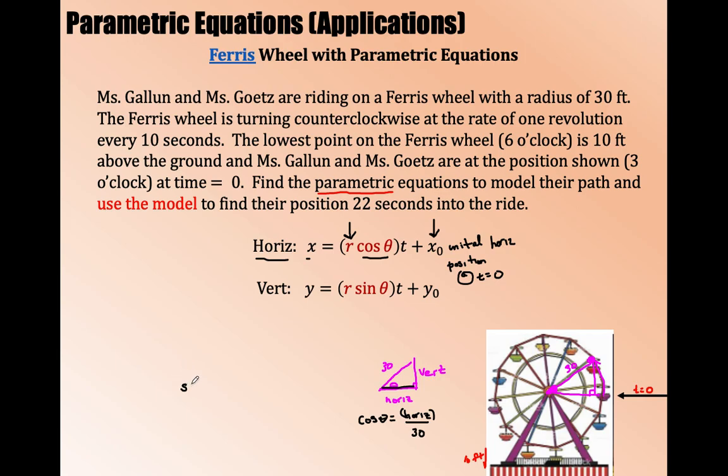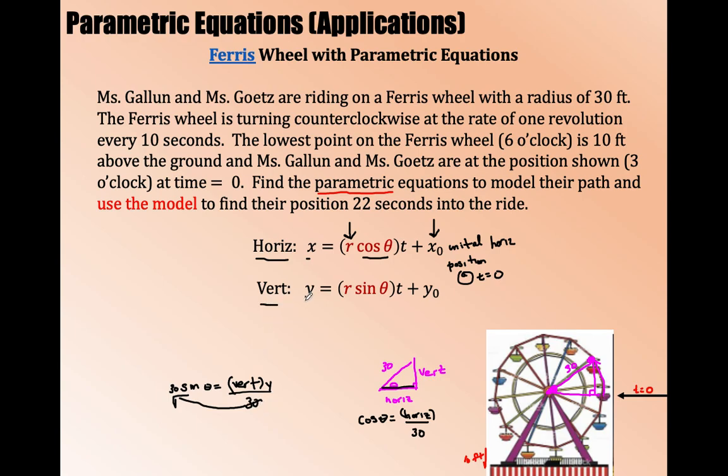The sine of that central angle is equal to the vertical component over the hypotenuse. And then I'm going to get the vertical component, which we call y, by itself by multiplying by 30, which is, of course, the radius. And that's what this says.